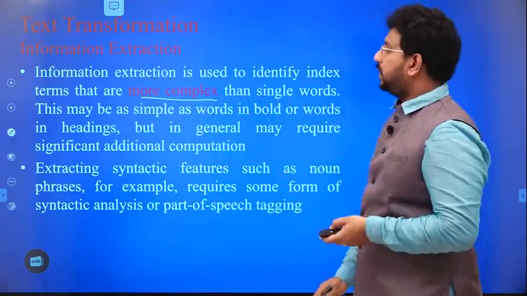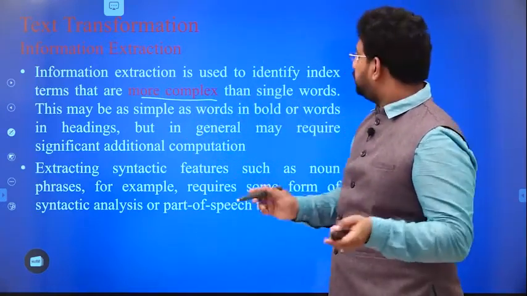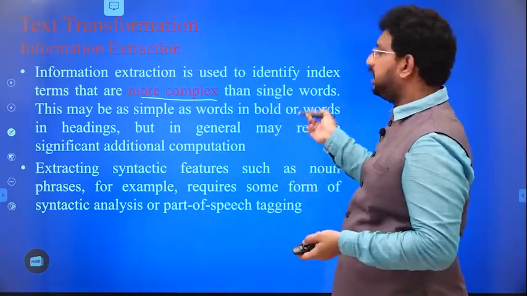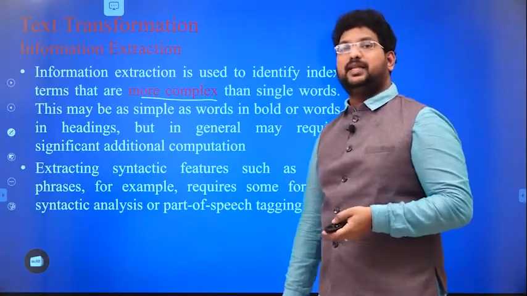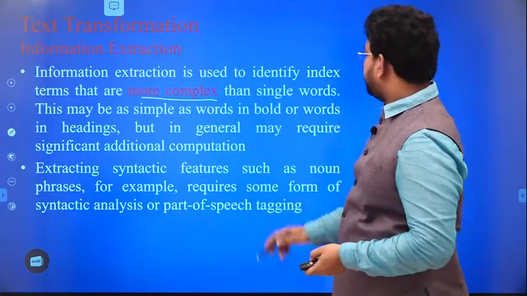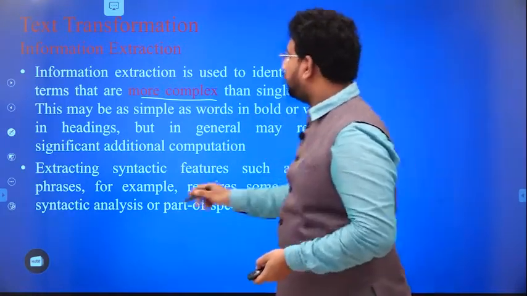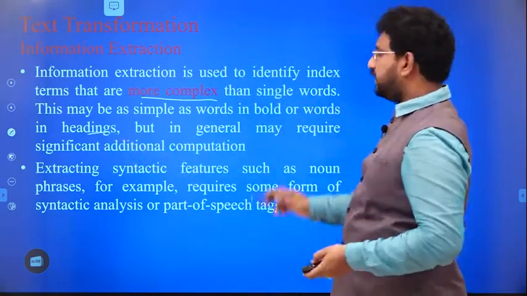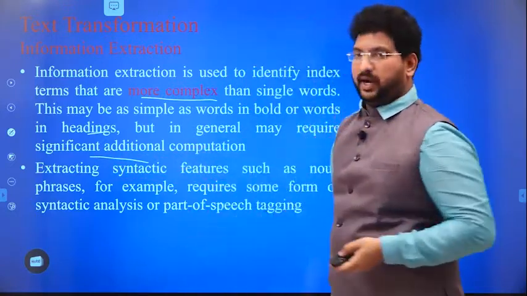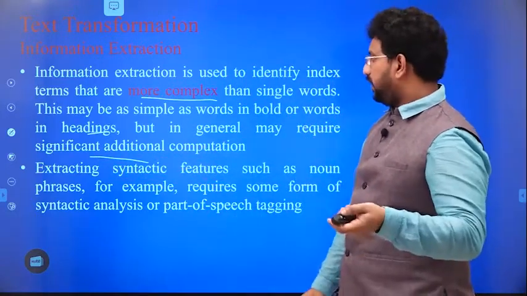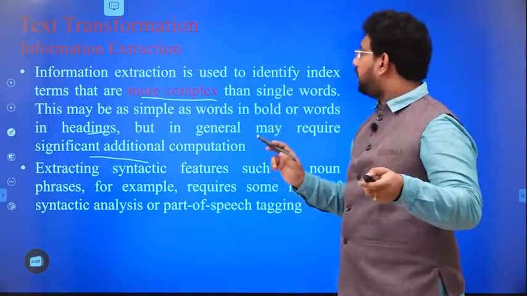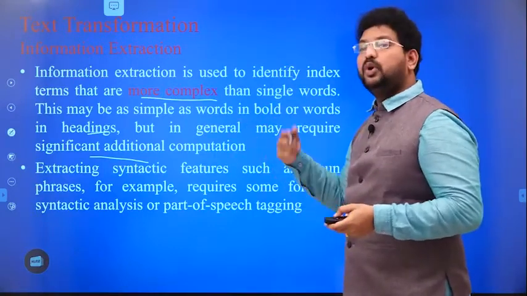Information extraction is used to identify index terms that are more complex than single words, such as words in bold or words in headings, but in general it requires significant additional computation. So this is about information extraction.